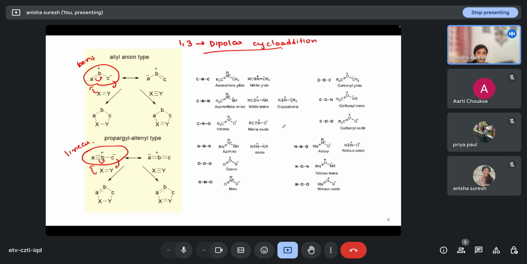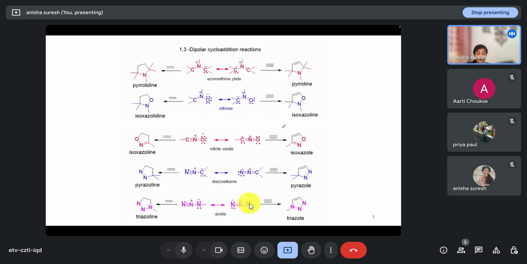So now coming to the first question of today's session. Before that, some examples are taken from the lectures. So here the azomethine ylide can react with ethene, resulting in the formation of this pyrrolidine. And when it reacts with this ethyne, it will result in the formation of this pyrroline.